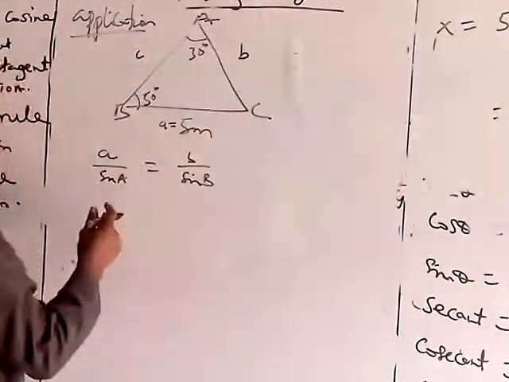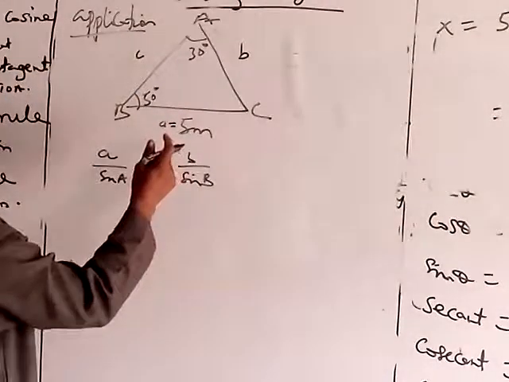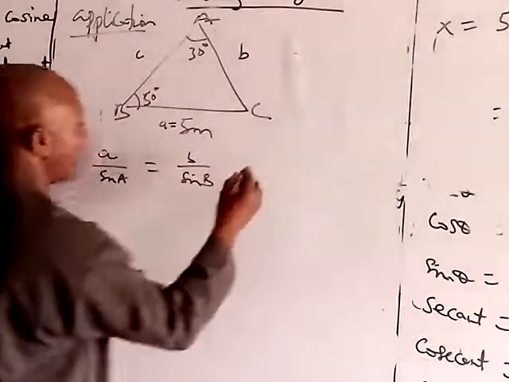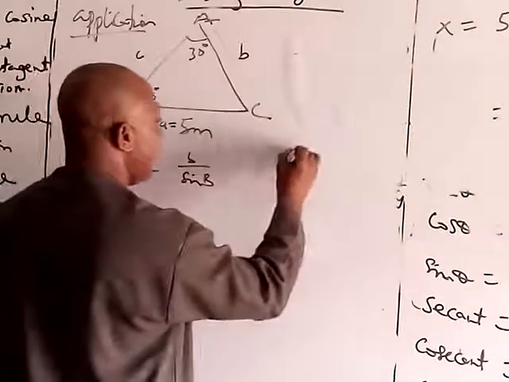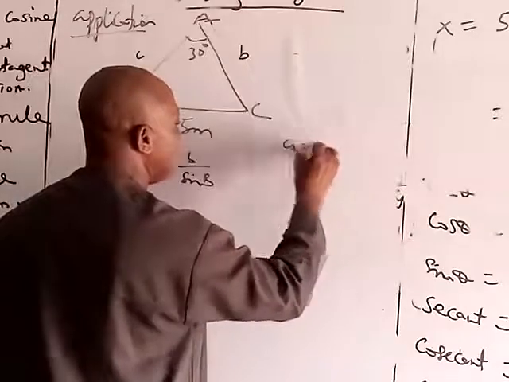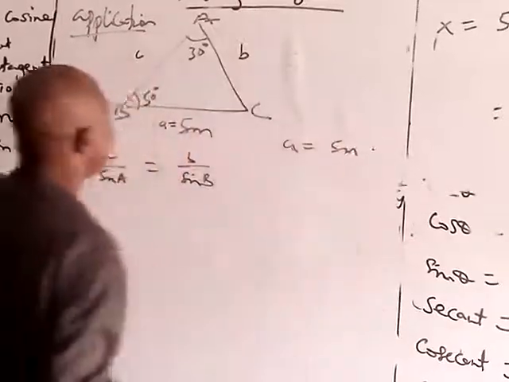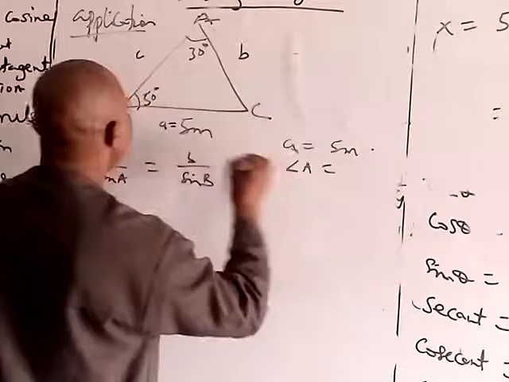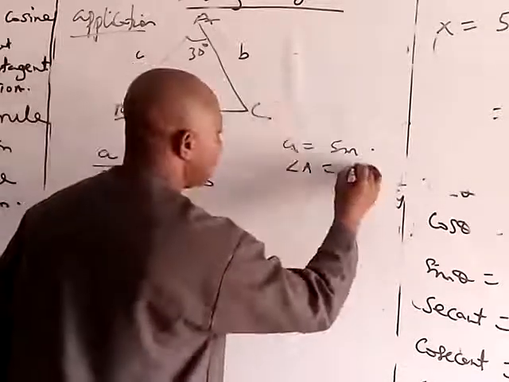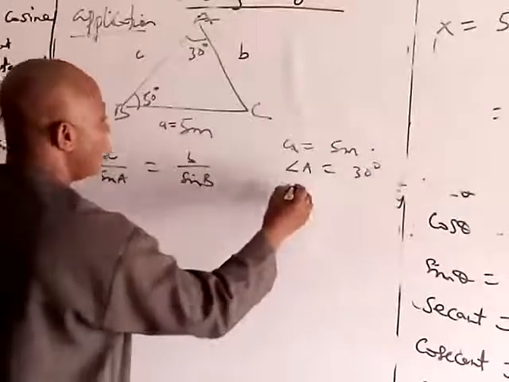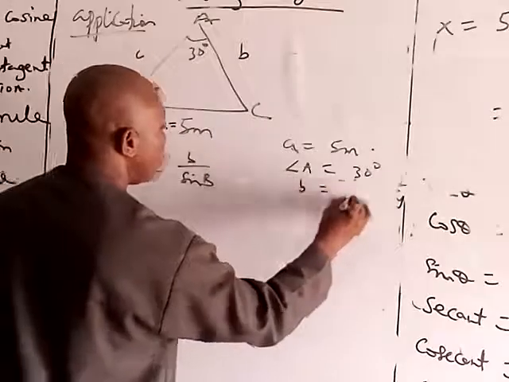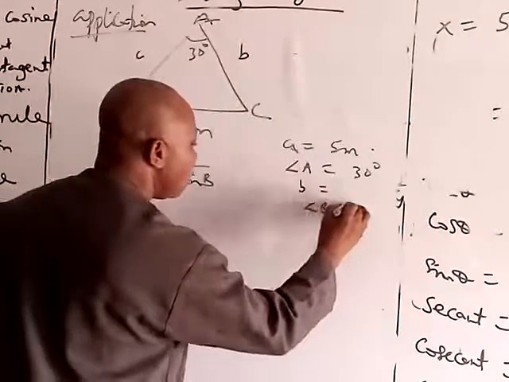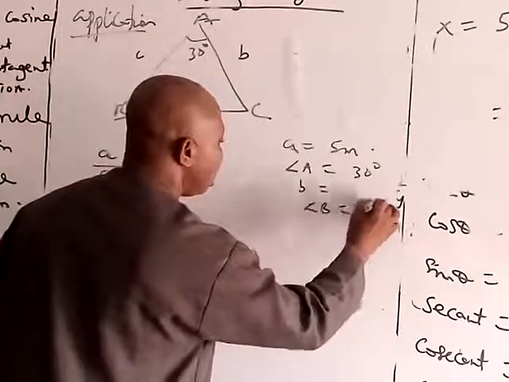Then we plug in the values given to us. Do you know a? a is 5 meters. So take it, a is 5 meters, you can put it down. Do you know angle A? Angle A is 30 degrees. Do you know b? No. Do you know angle B? Angle B is equal to 50 degrees.